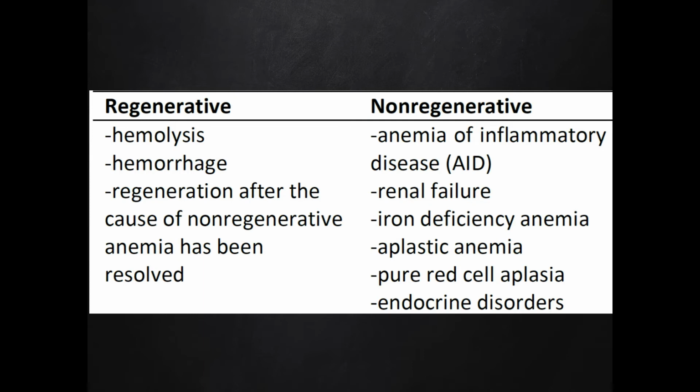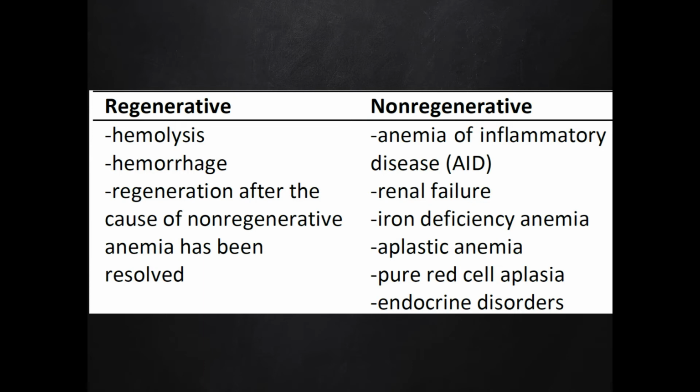When it is a non-regenerative state, it indicates that the bone marrow is not regenerating a replacement population of erythrocytes. So one of the clues in regenerative anemia, you can see a state of hemolysis, hemorrhage, and also regeneration after the cause of non-regenerative anemia has been resolved.